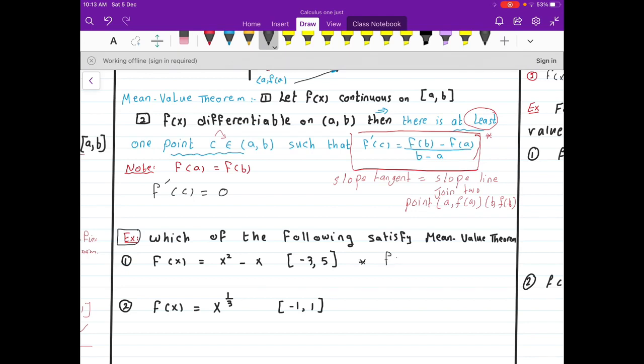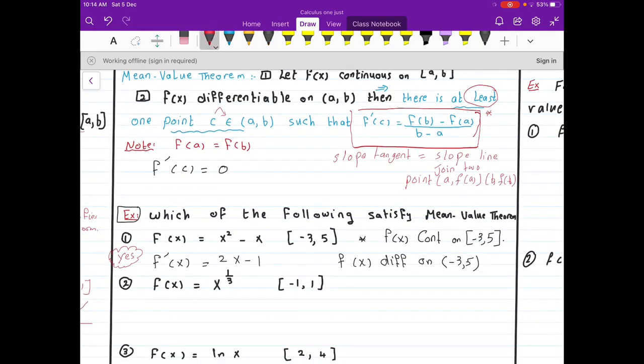Obviously, the first condition holds, since f(x) is continuous on the closed interval [-3, 5], because f(x) is a polynomial, and a polynomial is continuous on R. Now, f prime of x equals 2x minus 1, so f(x) is differentiable on the open interval (-3, 5). Does this function satisfy the mean value theorem? Our answer will be yes.